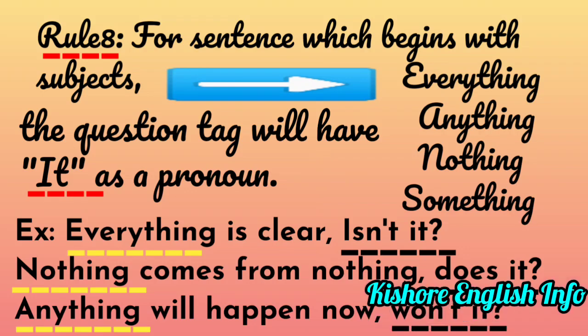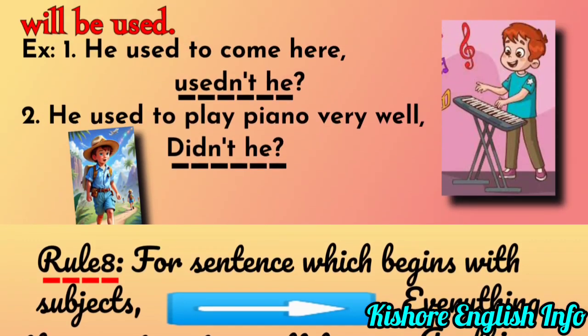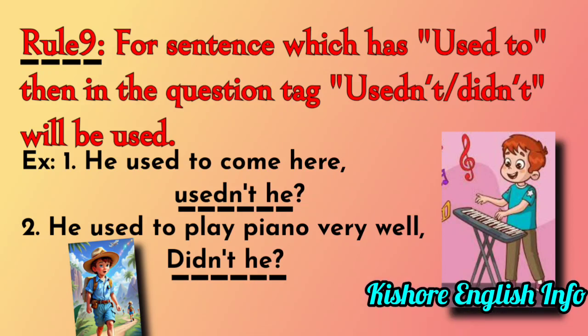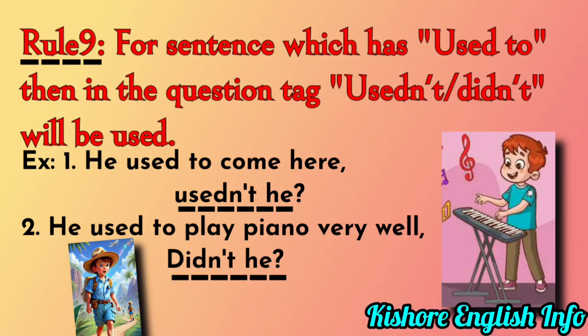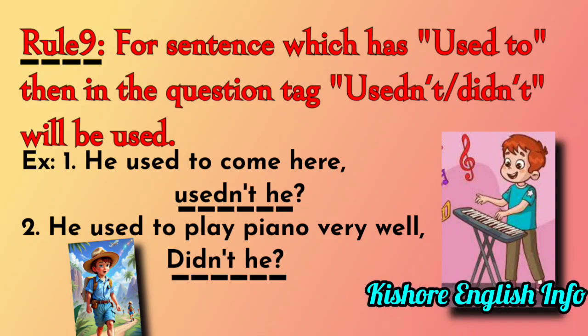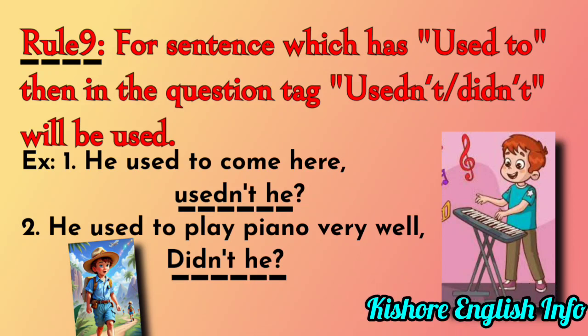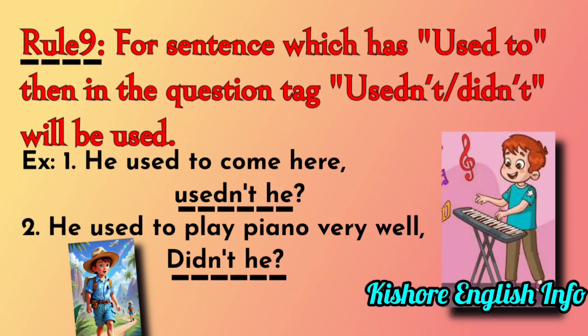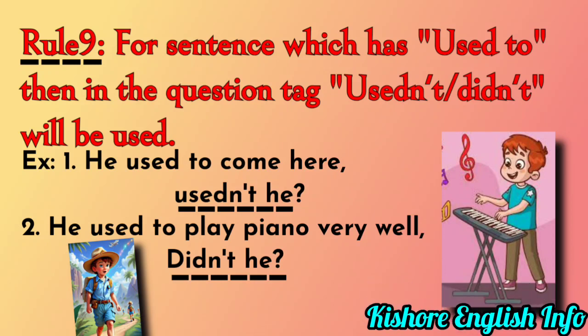Now coming to the ninth rule. For a sentence which has "used to", the question tag will be "usedn't" or "didn't".